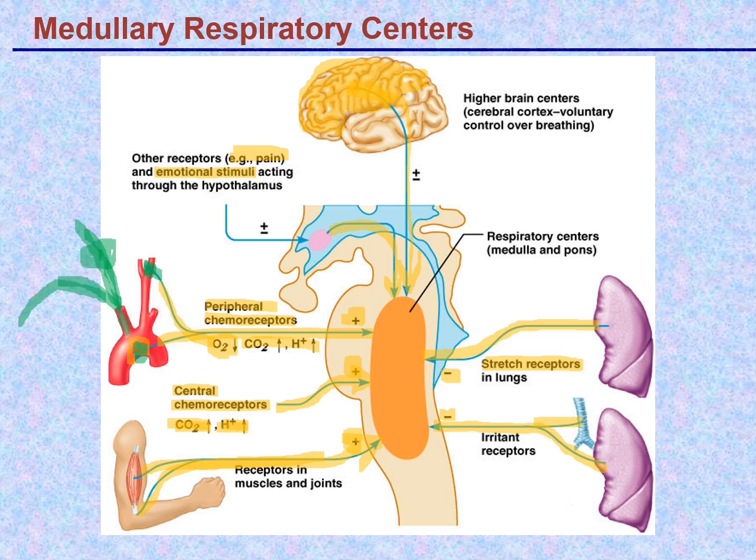The fact is, even just starting to run instantly will cause an increase in rate and depth of breathing. In fact, people who aren't properly trained in longer distance running often breathe way too fast and they tire themselves out. You have to learn how to control that, slow that down. Okay.